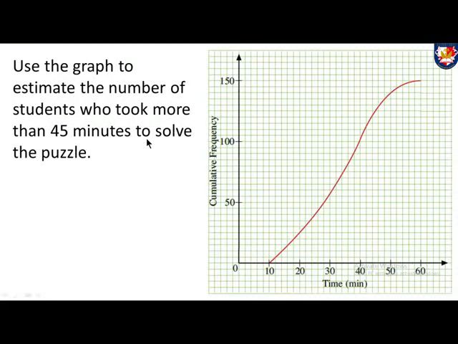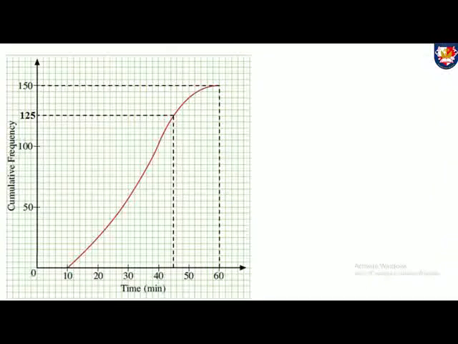How to do this kind of question? First, you need to estimate 45 minutes. This is where 45 minutes is. Then you make a straight vertical line to the curve, and from the curve you make a straight horizontal line to the y-axis here. So you'll find the number 125 students. Then you do the same for 60.